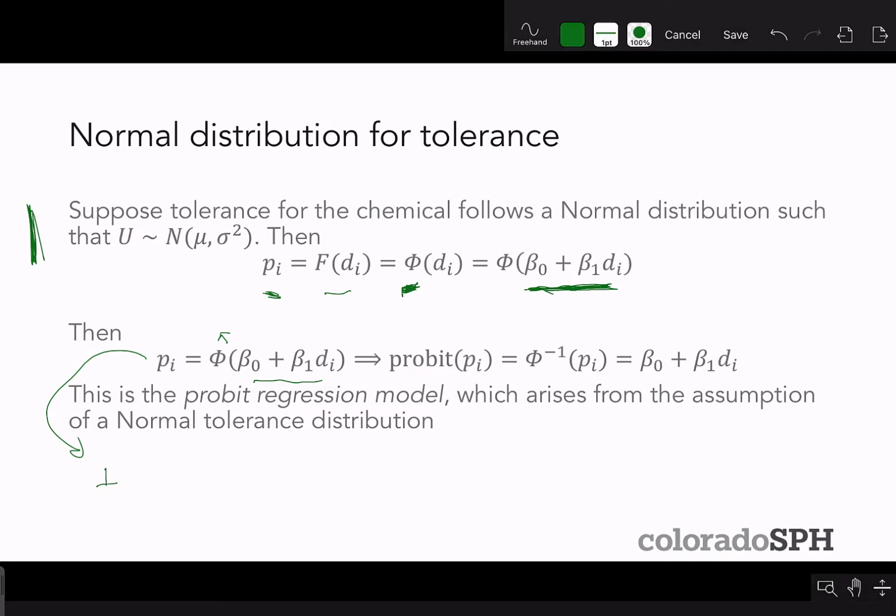What you get is phi inverse of the probability for a given individual's dose is beta_0 plus beta_1 D_i. And you saw that in the previous slide. This is actually just the Probit regression model, where this phi inverse is the Probit link. And that comes from assuming that you have a normal underlying distribution for the tolerance of the poison.